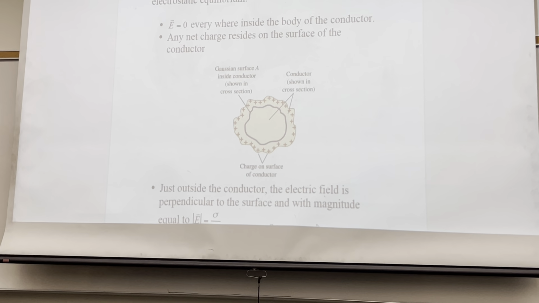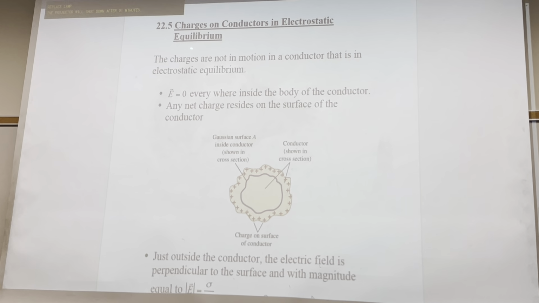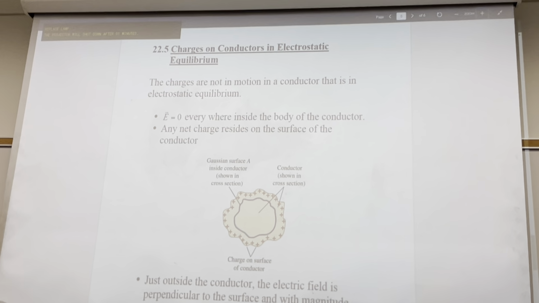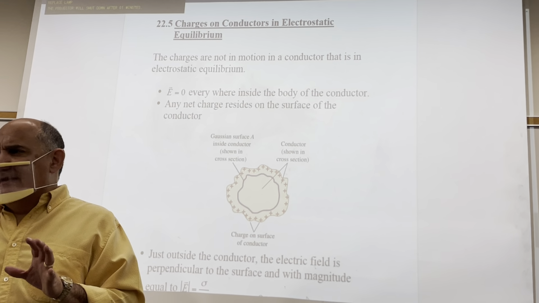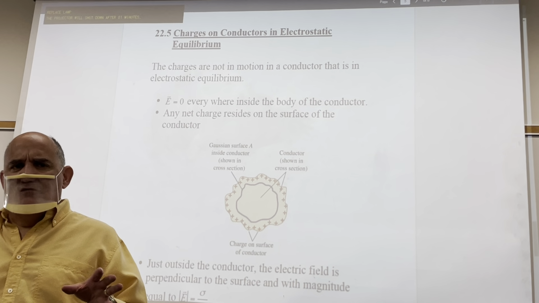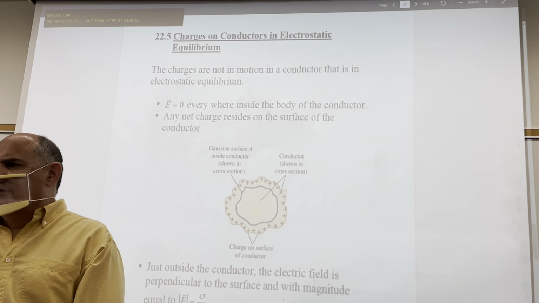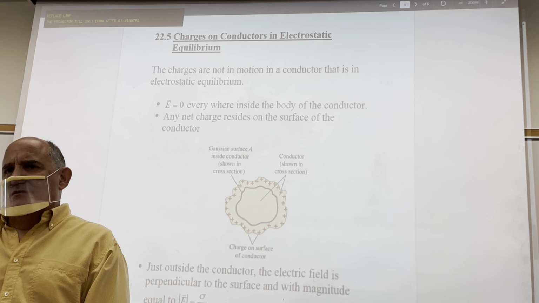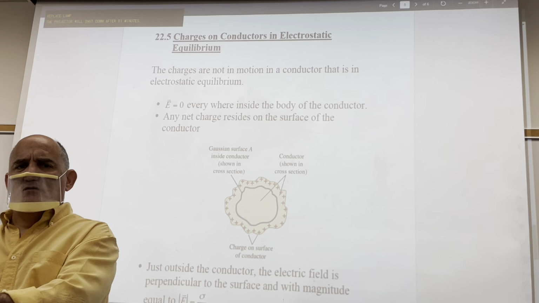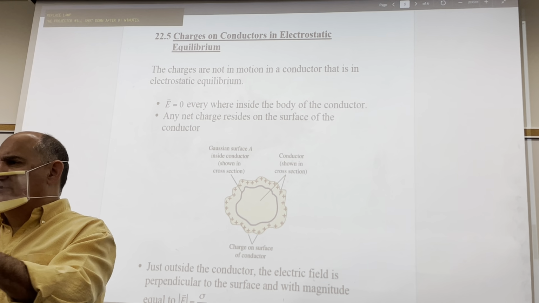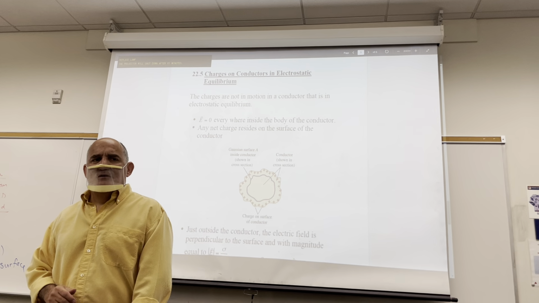So, what if you have a conductor in electrostatic equilibrium? That would be a conductor that has been charged, and then the charges are not allowed to move. Suppose I have a sphere, and I charge it, and then I leave the sphere alone. The charge is there, it'll go here, there, and stay put.